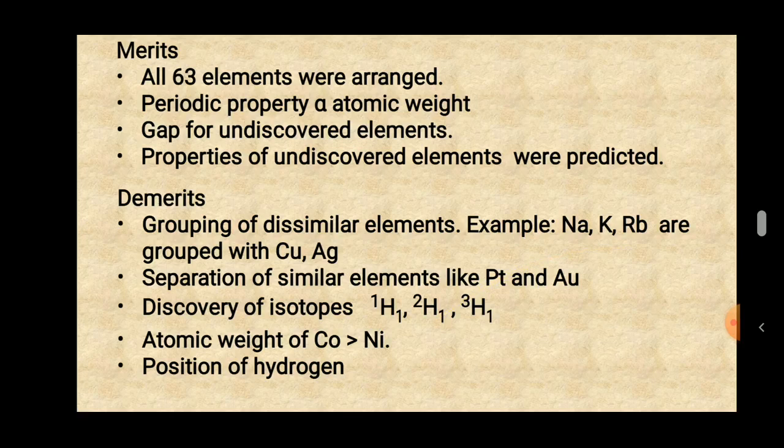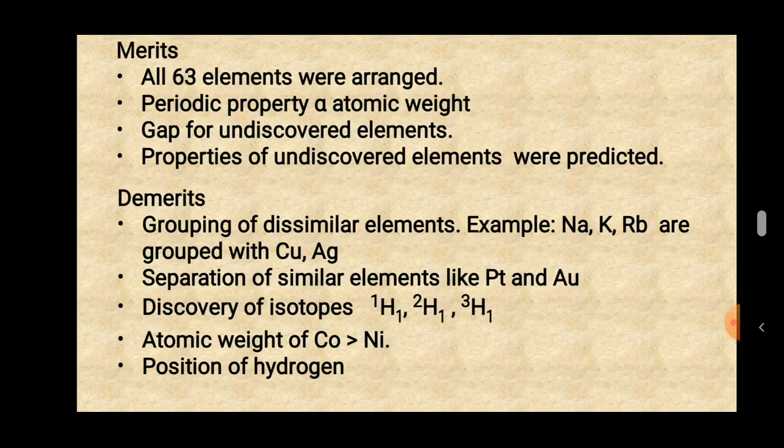So what is the reason for the fame of Mendeleev's periodic table? The main reason is that gaps were kept for the undiscovered elements, and side by side he already explained or predicted the properties of undiscovered elements.